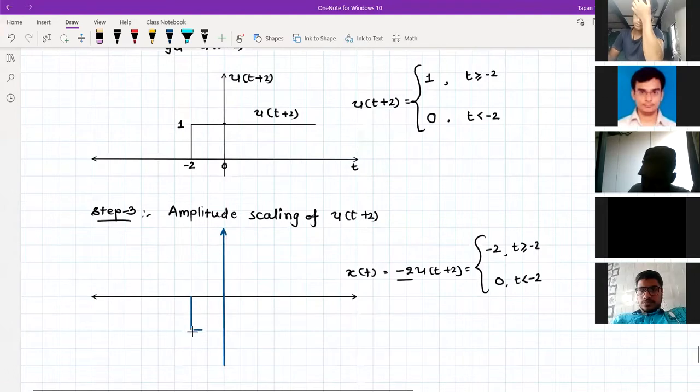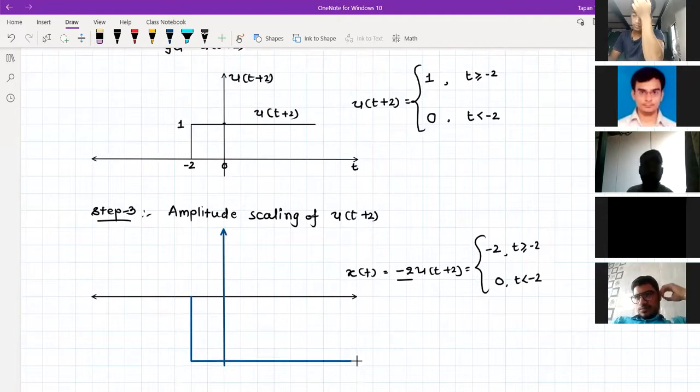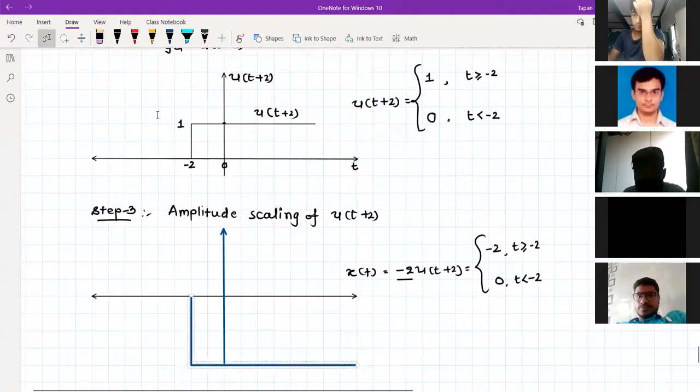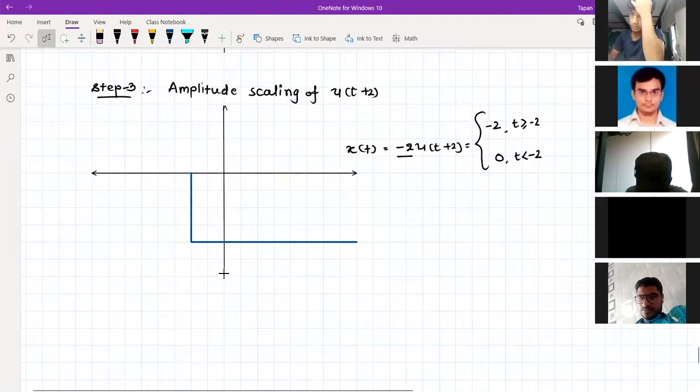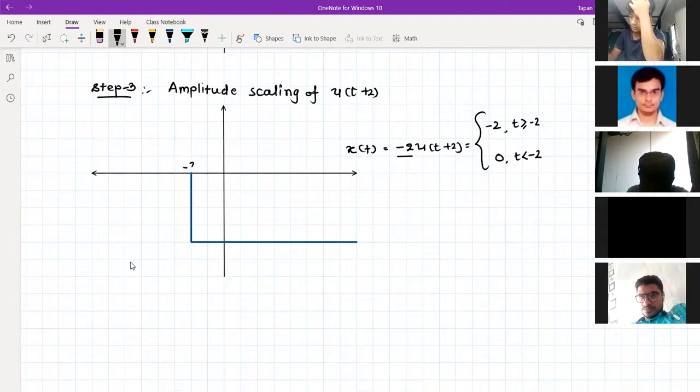Once again, it starts at -2, but it goes up to -2. Understand? This is -2. This amplitude is -2. This is T. So this will be -2 u of t plus 2.